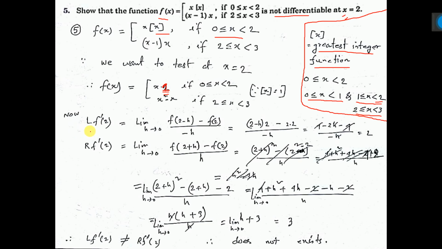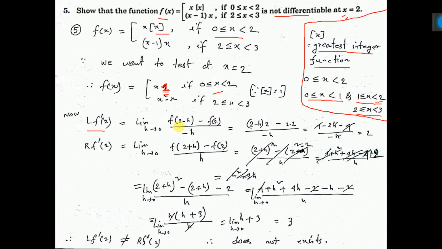So calculate the left hand differentiation now. Lf'(2), because at the point 2 we want to check. Lf'(2) means at the point 2, the left hand differentiation, where the value of x is less than 2. Here it is 1·x.